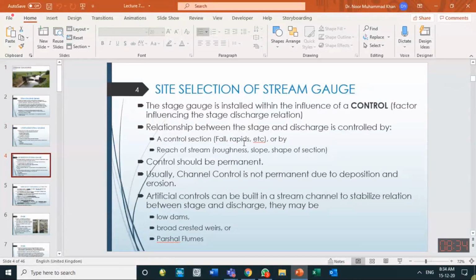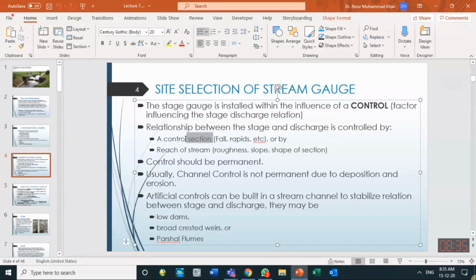Similarly, rapids are steep slope channels, so they can also control the relationship between water level and the discharge. If there is a weir or an obstruction in the flow, that can also give us a control, and we call that also a sectional control.